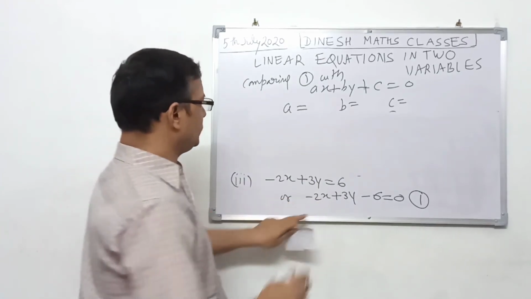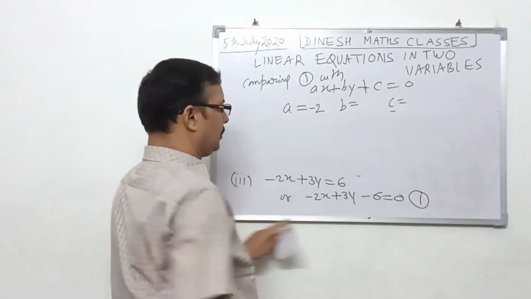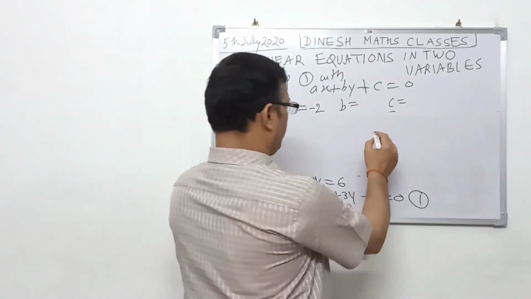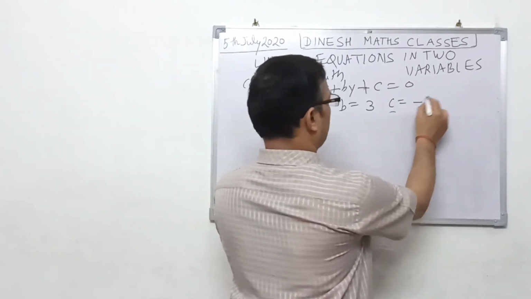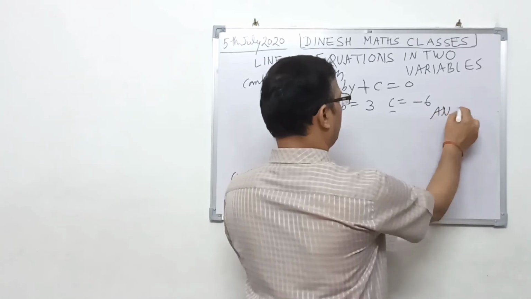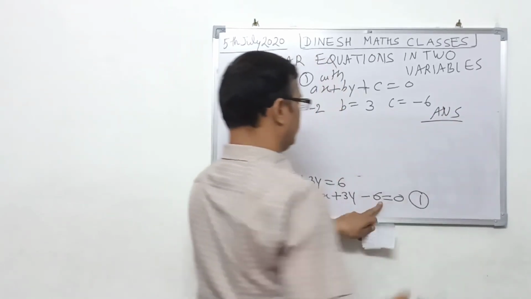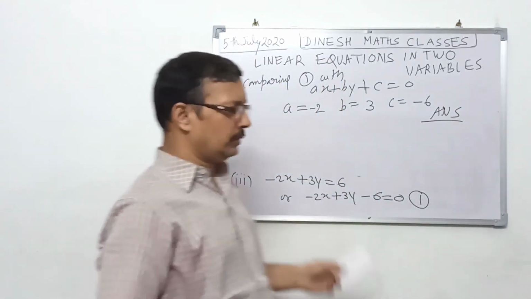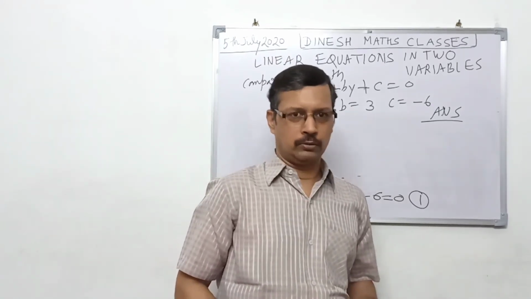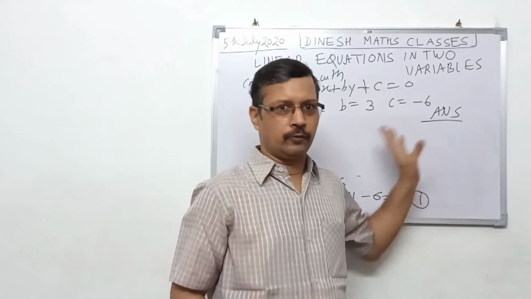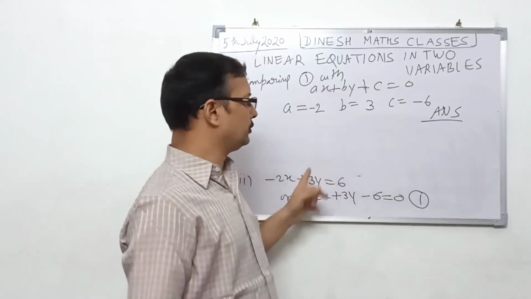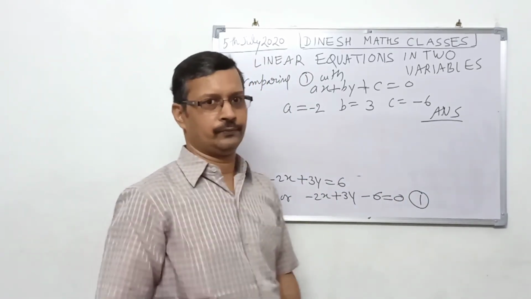Here the coefficient of x is minus 2, the coefficient of y is 3, and the constant term is minus 6. So these are the values of a, b and c for this question. This way you can solve the remaining parts also, because they are very similar, but only compare with the standard form and find the values of a, b and c. That's all in this video.